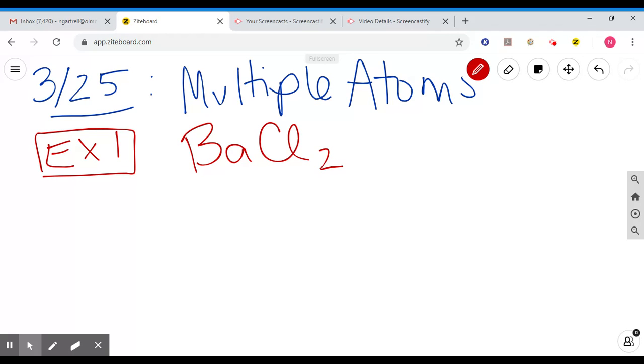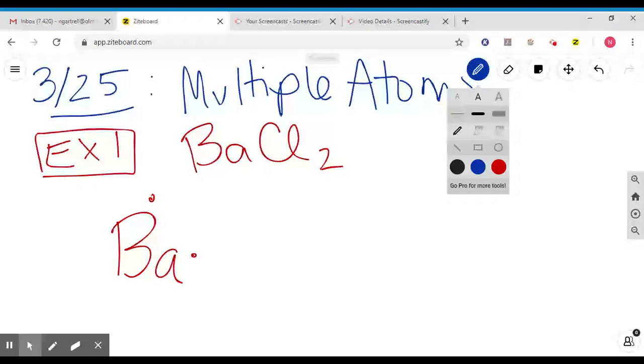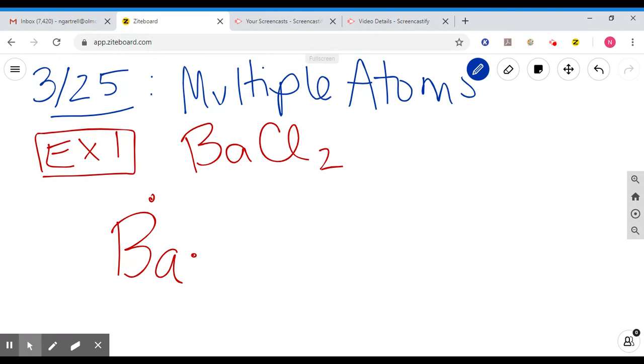Step 1 was to draw the Lewis dot diagrams. So I have barium, find barium on the periodic table, and you'll see that barium has 2 valence electrons. Next, we have chlorine. And here's where the change happens, is barium had a subscript of 1, so I only drew it once.